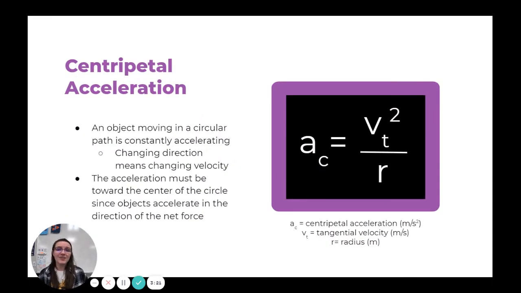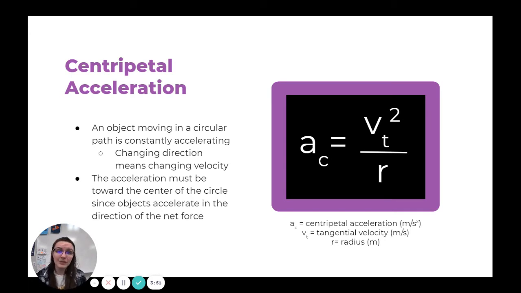Our equation for centripetal acceleration: since I am constantly moving and constantly changing direction, I am constantly accelerating, because changing direction means changing velocity. And the acceleration must be towards the center of the circle, since acceleration happens in the direction of net force. Remember, my force is pulling me into the center of the circle, which means the acceleration also has to point into the center of the circle.